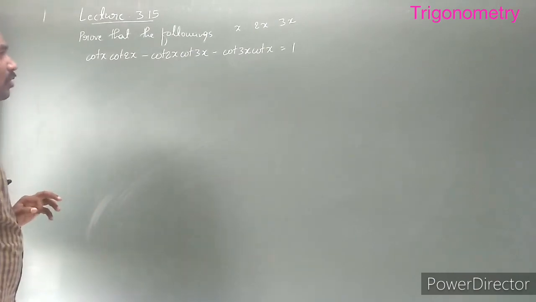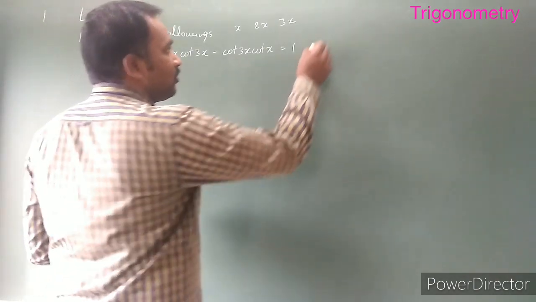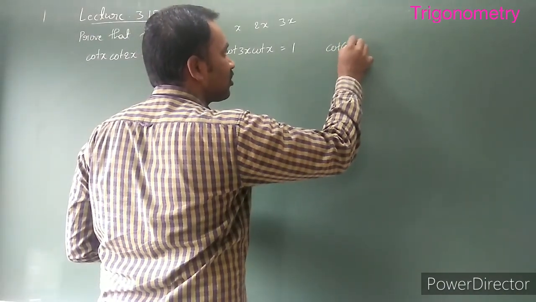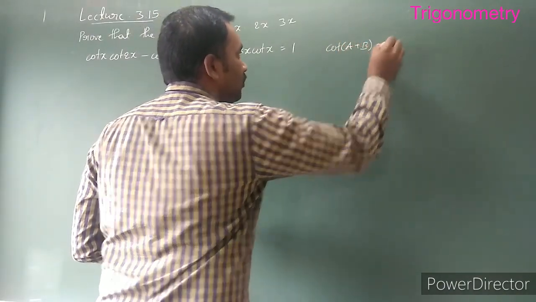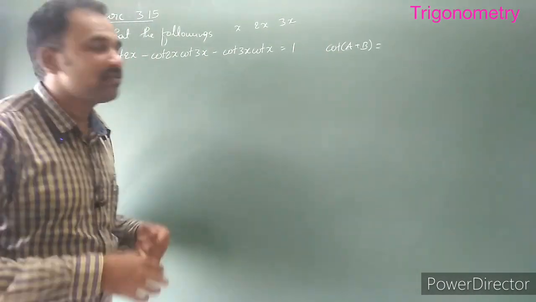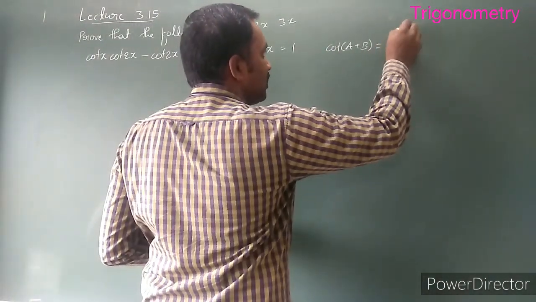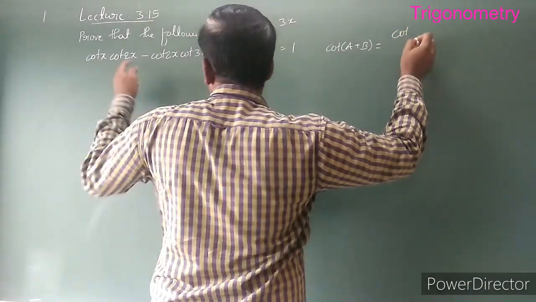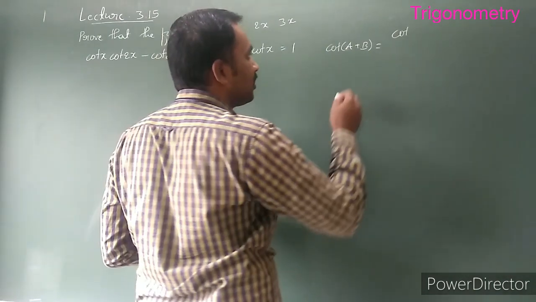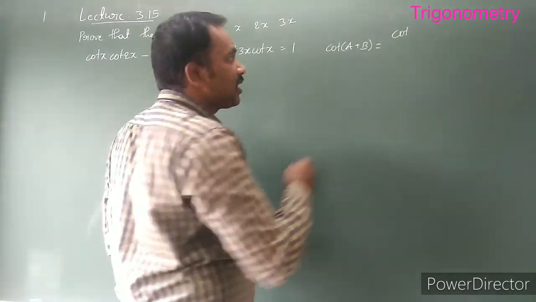Here the cot ratio is there and we know the formula. What is the formula? Cot of a plus b.